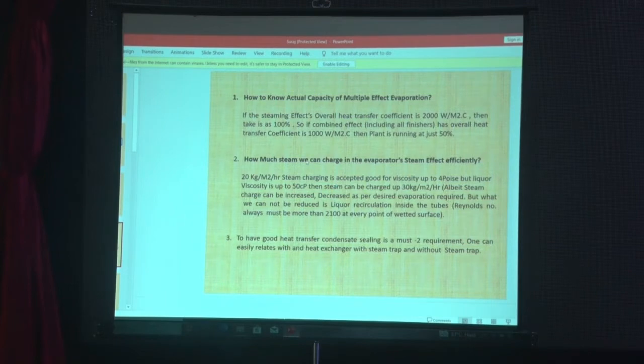It seems the industry already has 1.5 times the capacity, but it is not known to them. We are unveiling those facts. Approximately 1000 watt per meter square degree centigrade means you can charge steam at 20 kg per meter square per hour.